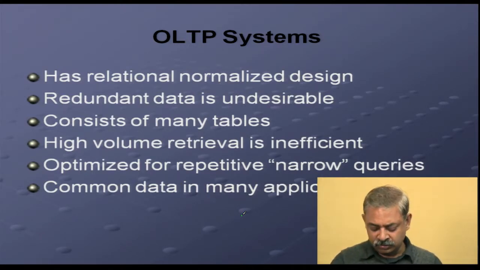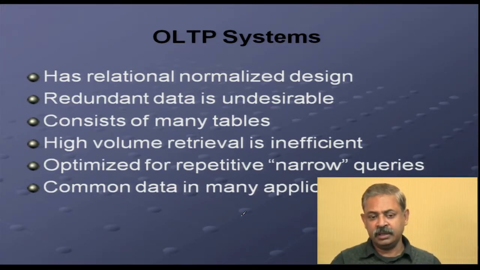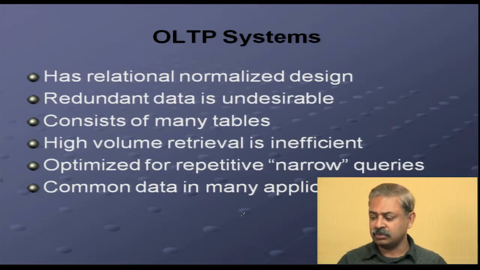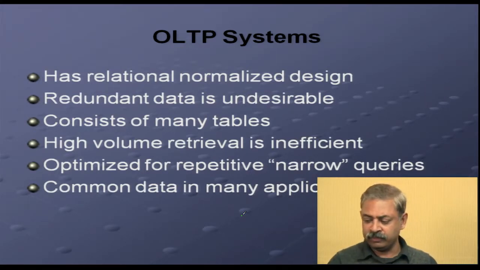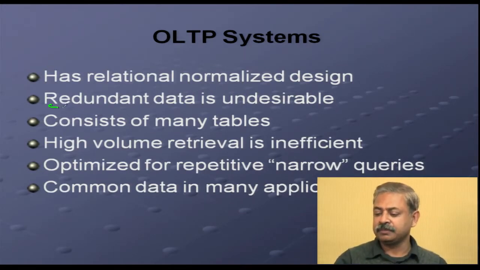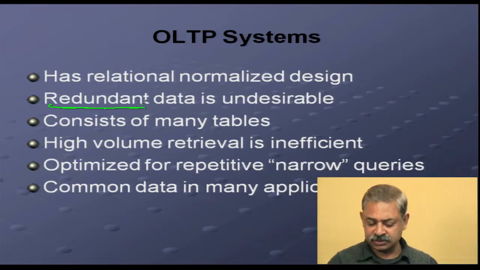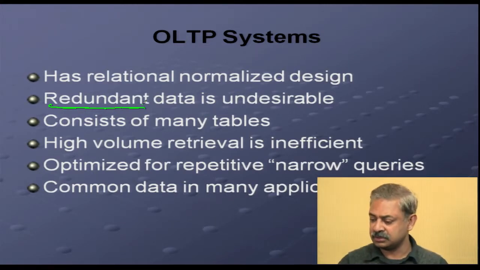If it is not normalized, the updates are going to take very, very long. And redundant data is undesirable, so in operational systems we try to do away with redundant data. Redundant data is not a good thing as far as operational systems are concerned. I'll talk about redundancy in much more detail as we go along.